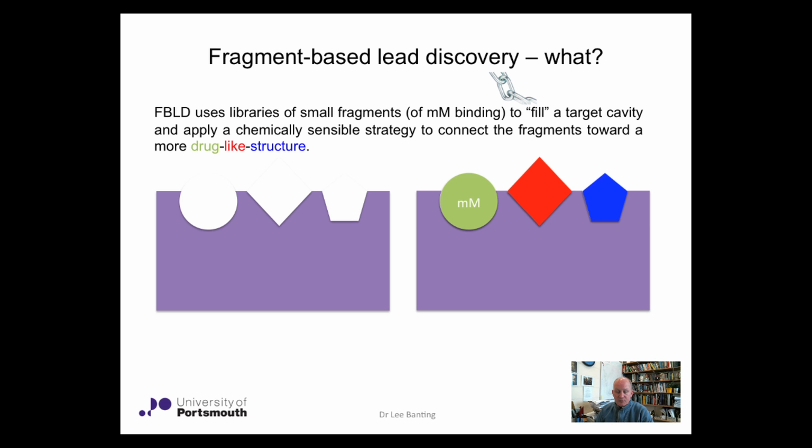They can have different chemistry, and there's a rationale to their selection, which we'll discuss a little later. And then we connect them up chemically by sensible synthetic approaches to make a more drug-like structure. And this drug-like structure, we hope at least, has nanomolar affinity for the target site.